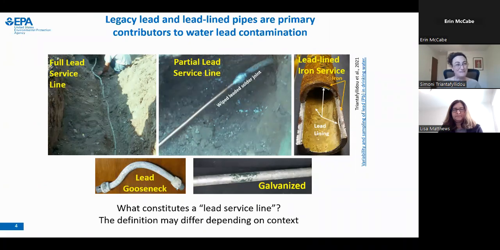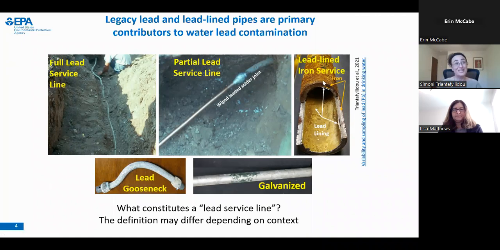And in case you haven't seen any of them, this is what they might look like. On the top left, you can see a full lead service line in the ground. In the middle, you can see a partial lead service line. So we basically have this part here be the lead pipe connected with a new copper pipe with a white leaded solder joint. And on the top right, you can see a lead lined iron service. Those were common in some parts of the country.